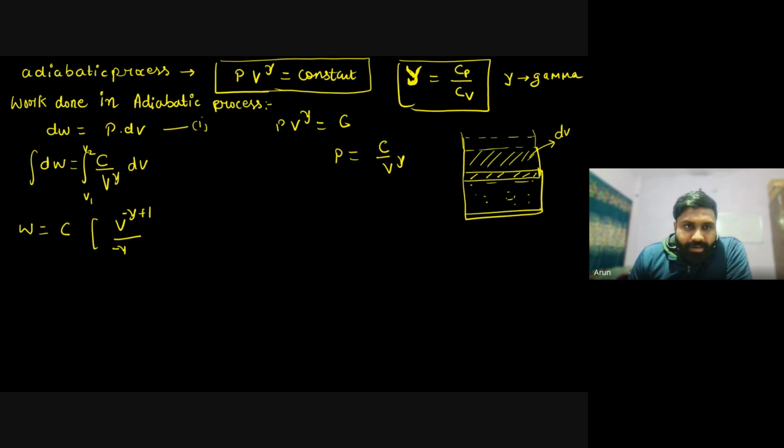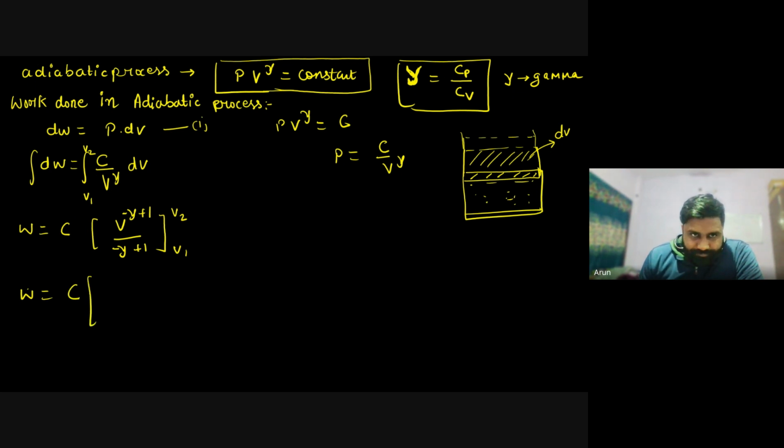So it will become minus gamma plus 1. Now, it is for volume V1 to V2. Now, W is equal to C into, this will become V2 raised to the power 1 minus gamma, minus V1 raised to the power 1 minus gamma, and in denominator, we will have 1 minus gamma.